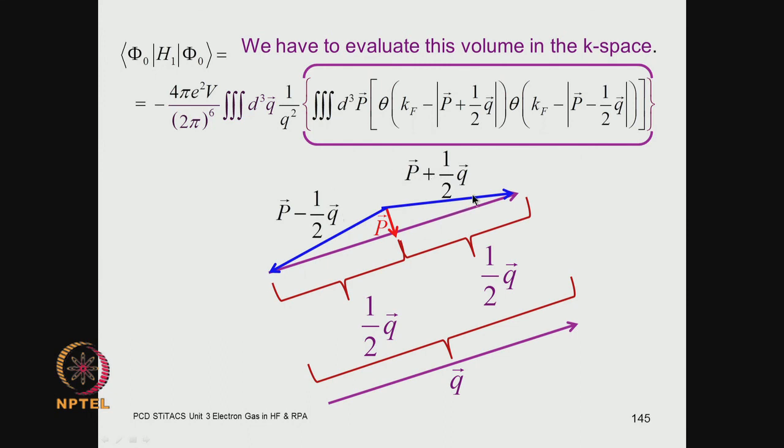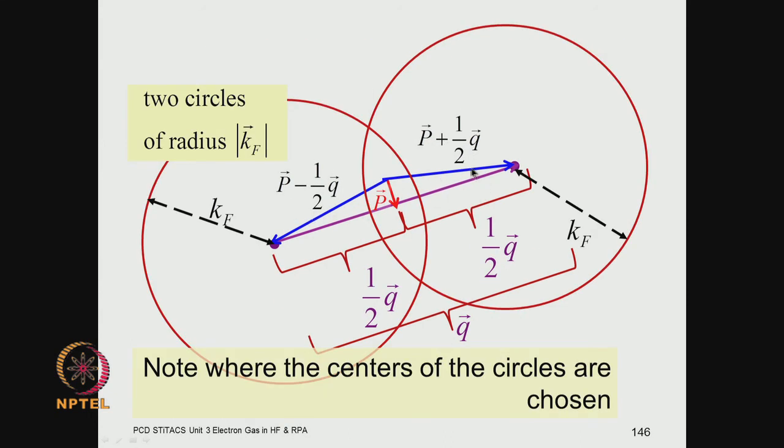To this geometry what we do now is to take this as a center and draw a circle of radius kF, and take this point as the center of another circle of radius kF. So, at both of these points, one which is at the tip of the vector P plus half q, we have seen how you get this vector, and the other at the tip of the vector P minus half q, you choose a center and draw this circle.